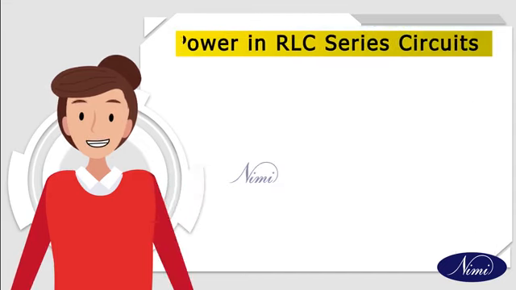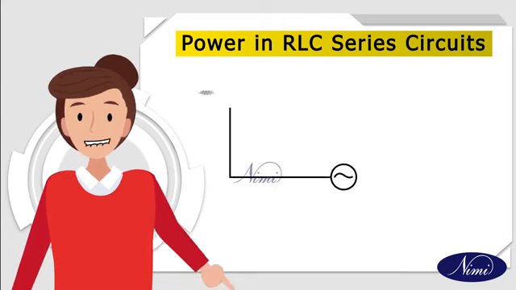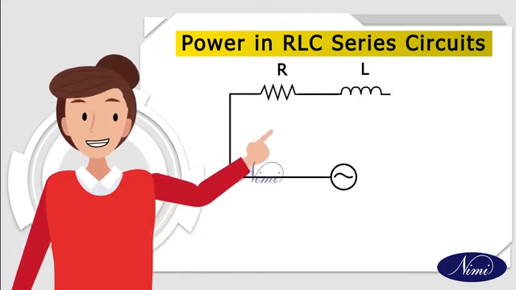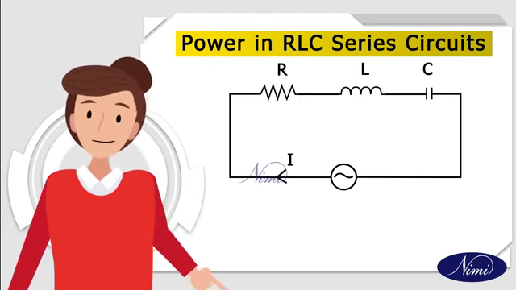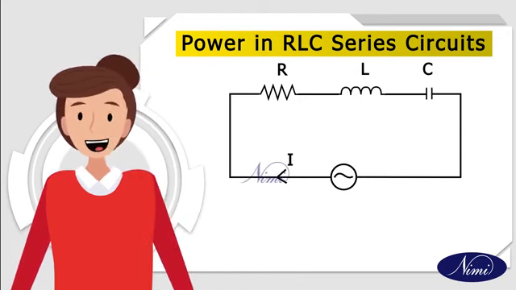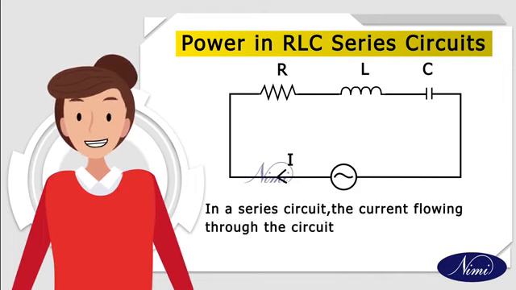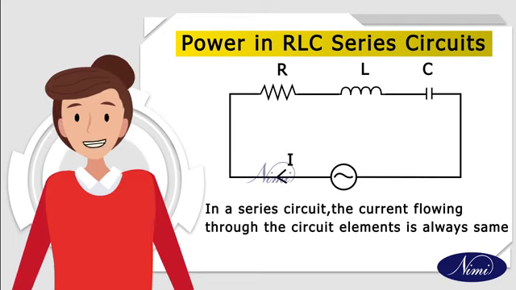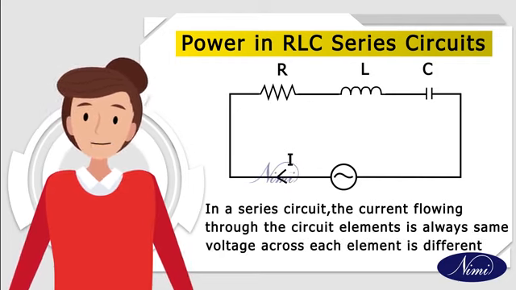Power in RLC series circuit. Series circuit means the resistance, inductance and capacitance are connected in series. Here, we know in series circuit, the current through the circuit is always the same, but the voltage across each element is different.